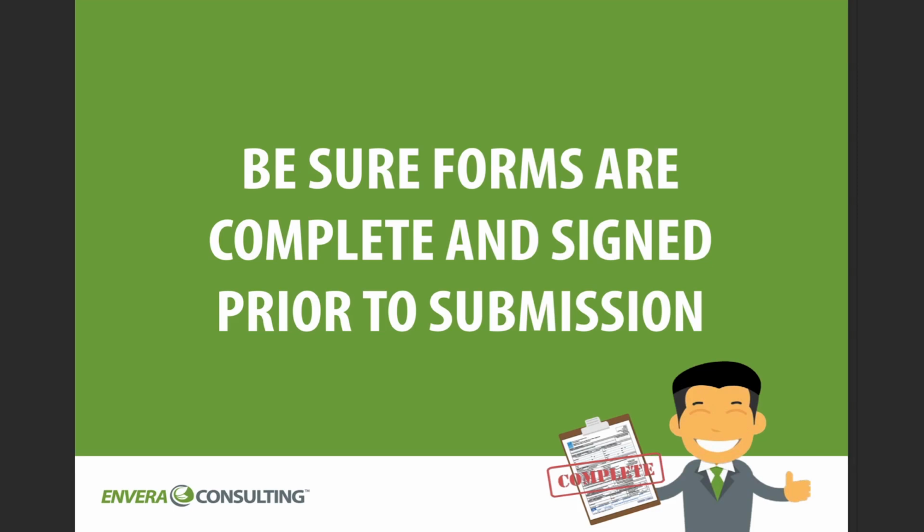And so you want to be sure that the responsible official at your facility signs these forms if you are part of the Title V program. And then if you're not part of the Title V program, then you just want to be sure that someone who has the authority to sign can sign. But be sure that the forms are complete and signed prior to submission.